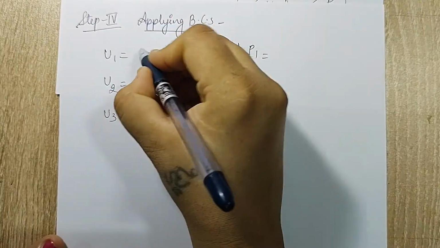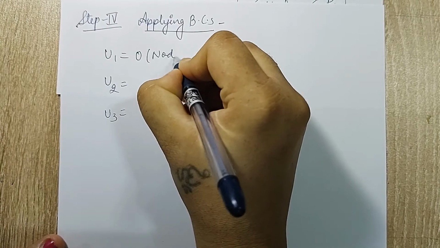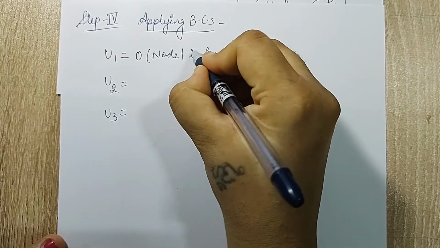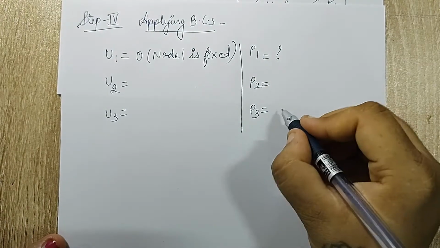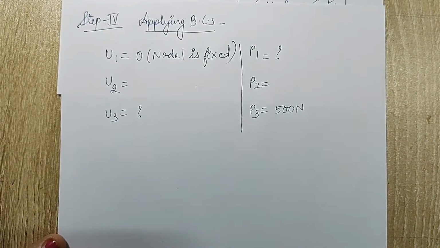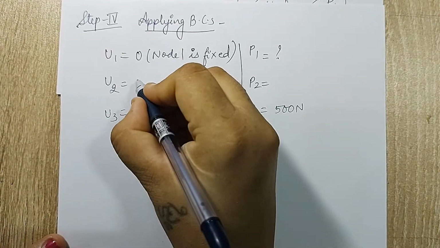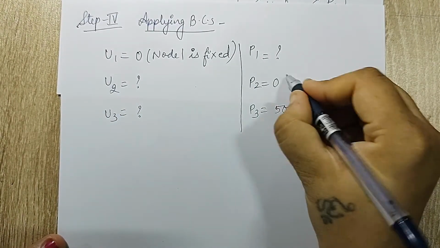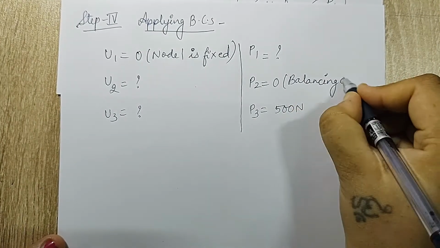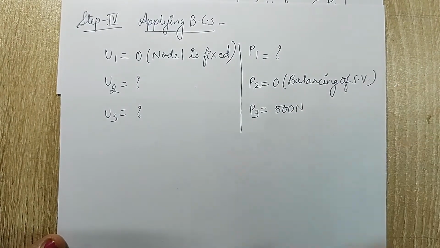So I'll write down U1 is 0, node 1 is fixed. Since this end is fixed, I'll have a question mark here, and at P3 it is 500 Newton. Now I cannot assume this as 0, so this will be a question mark, this will be 0. This is called balancing of secondary variable.